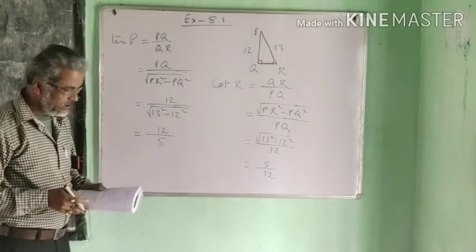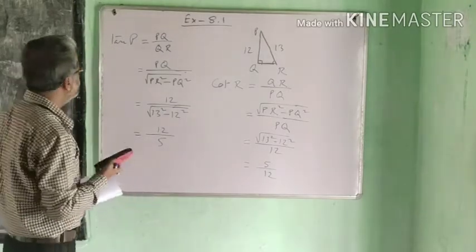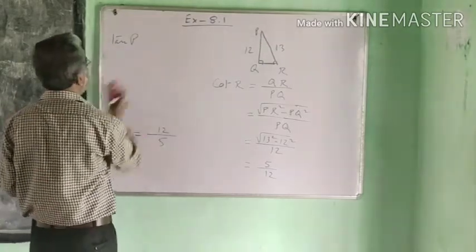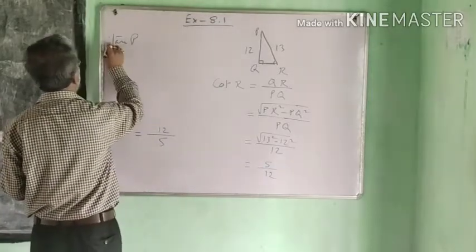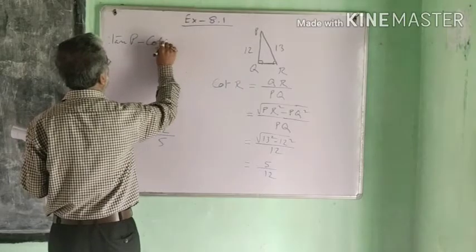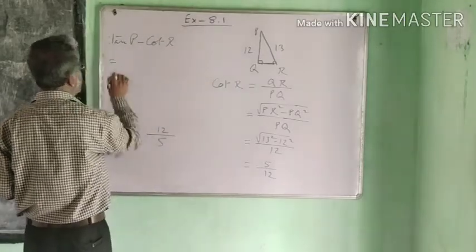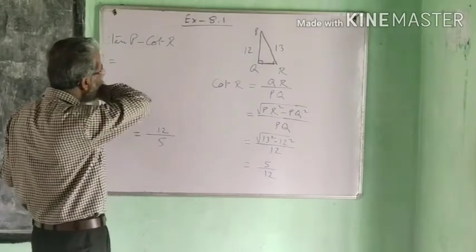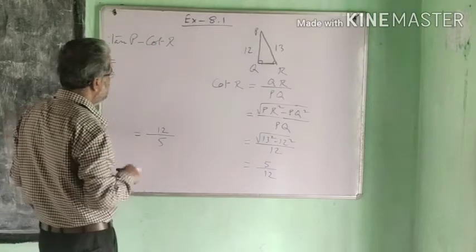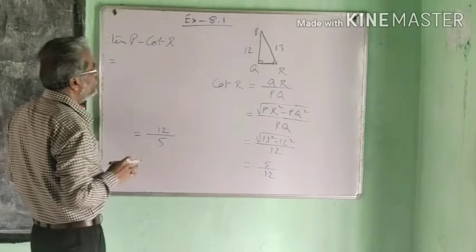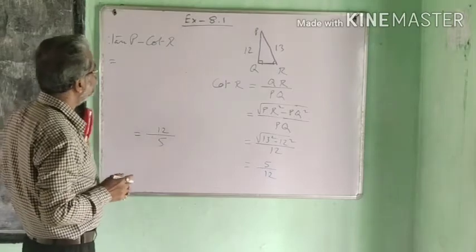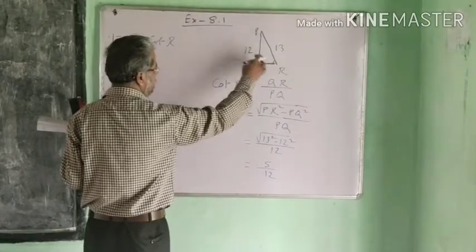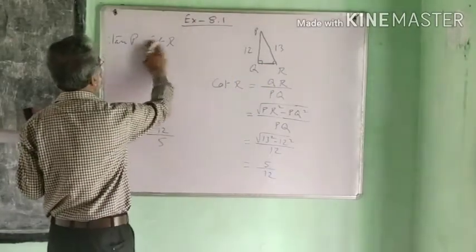Ultimately what we get, your question was tan P minus cot R. Therefore, tan P minus cot R is equal to... sorry, tan P we have found out wrong actually.